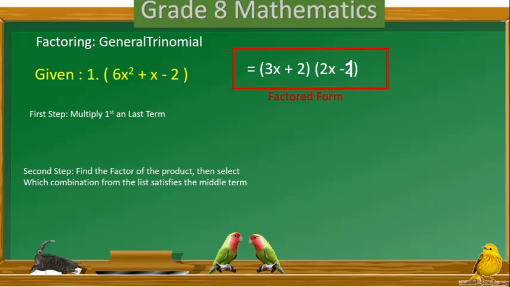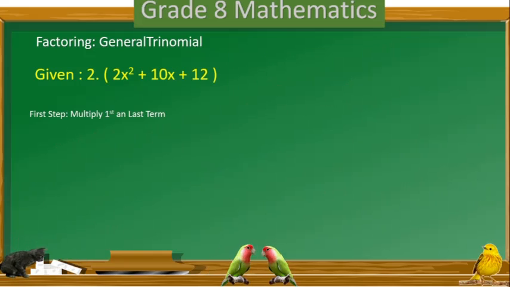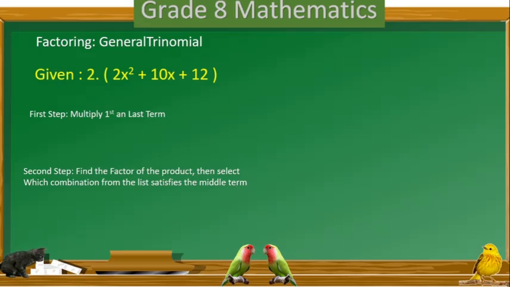Next. The same procedure. You multiply the first. The next given is 2x squared plus 10x plus 12. So this is not a perfect square trinomial. This is an example of one.